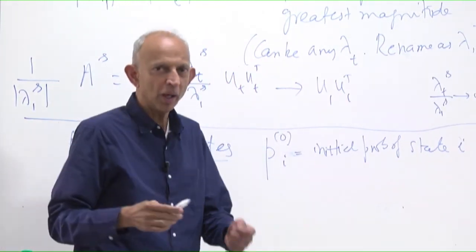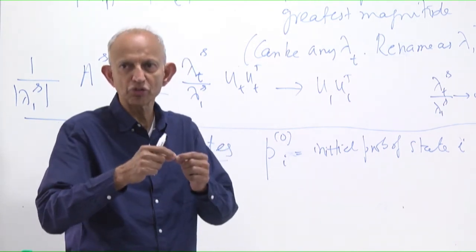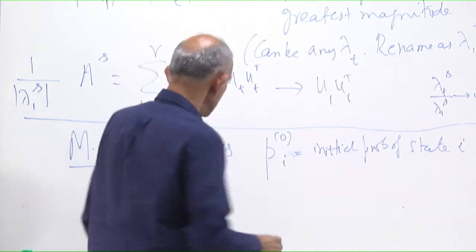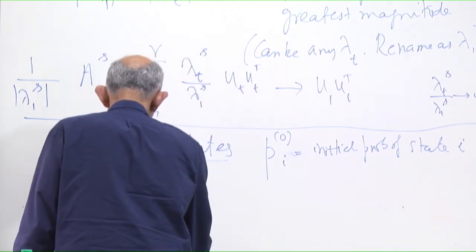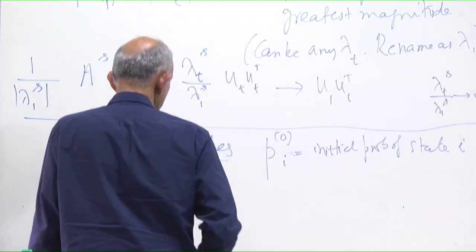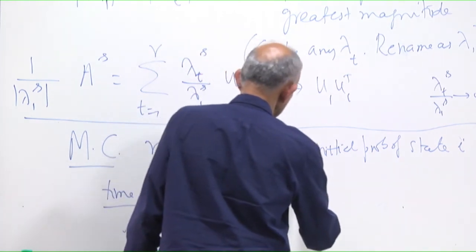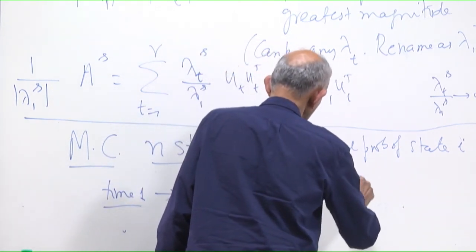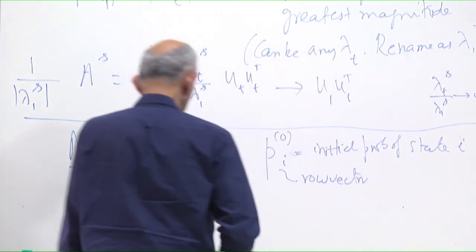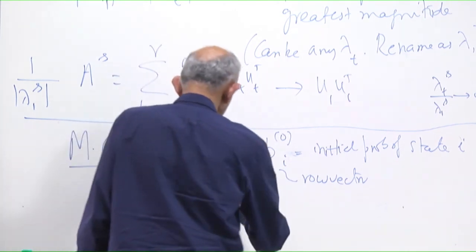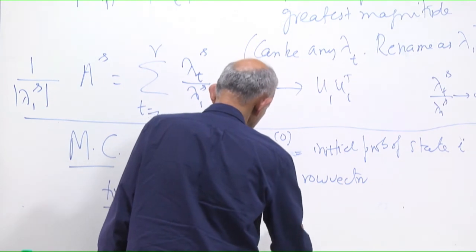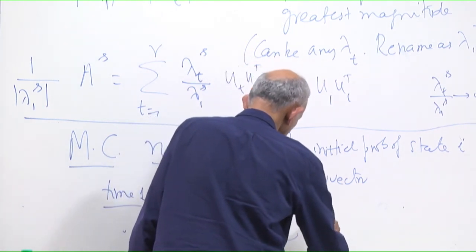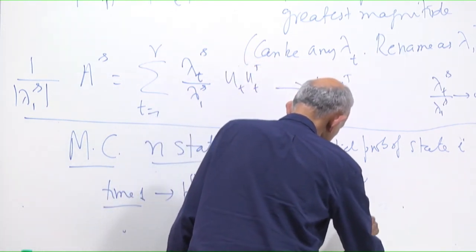Okay. And in Markov chains, what happens, the probability is just transformed linearly. So the next time around, this is time 1, P1, excuse me, these are row vectors. P1 is just P0 times the transition probability matrix P. This is called the transition probability matrix.